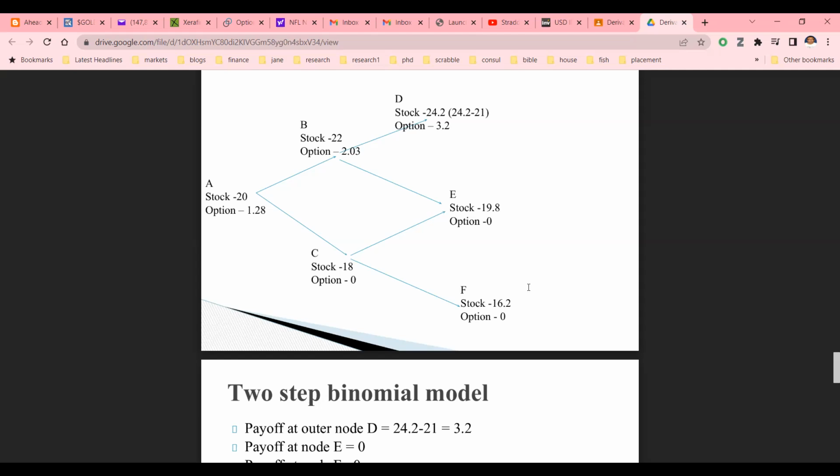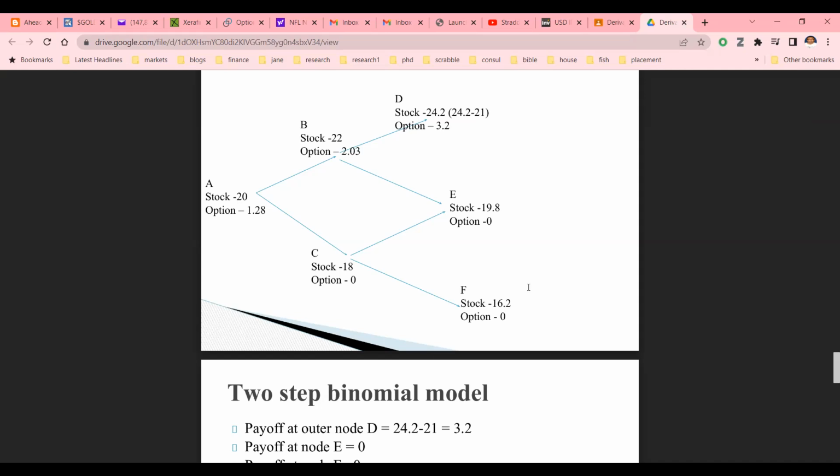So D you understood, right? Yes? Students? Did you understand the value at D? Yes, no? That's the first step. So how did I get that 24.2? It is given in the question. The stock price increases by 10% each time.